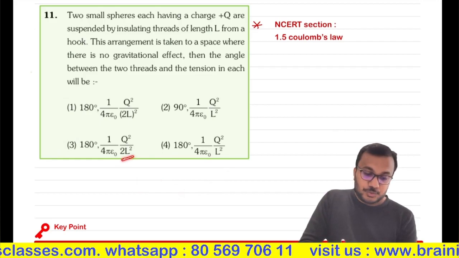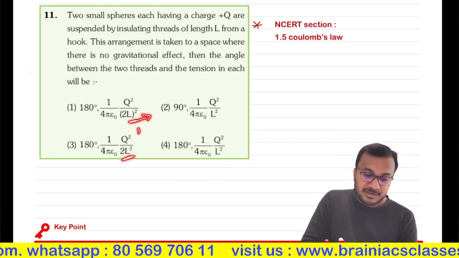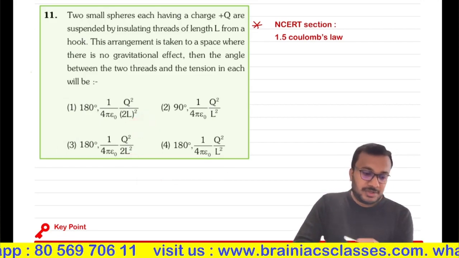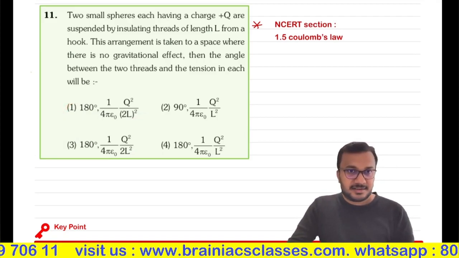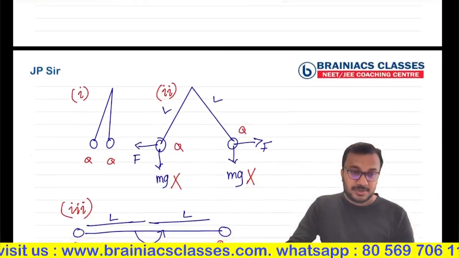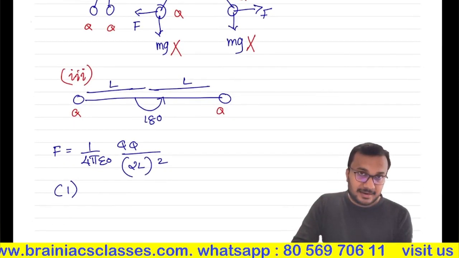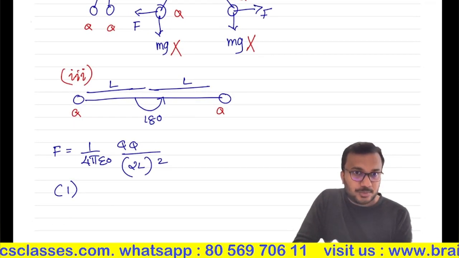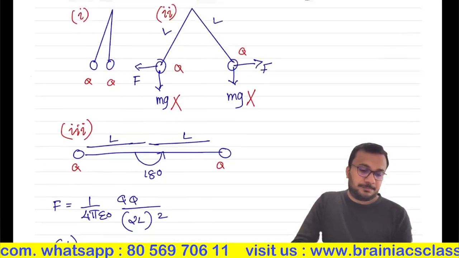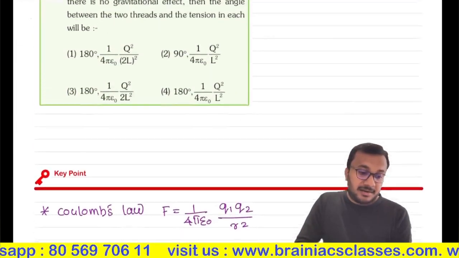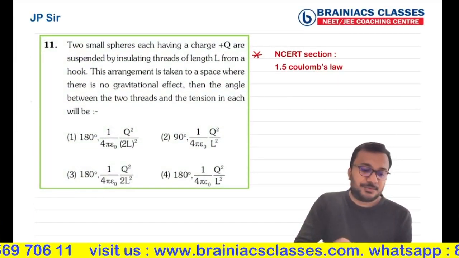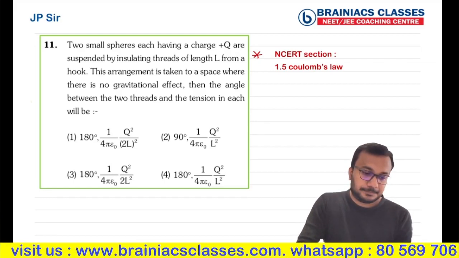This is 4L square. So option number 1 is the correct answer, since the distance between the charges is 2L and it is 2L the whole square, so it becomes 4L square. So option number 1 is the correct answer for this question. It's very important.